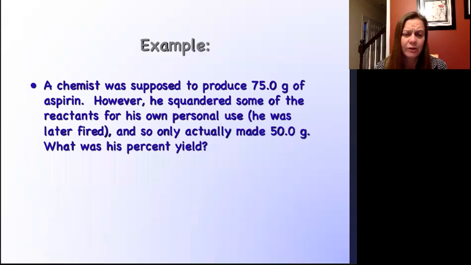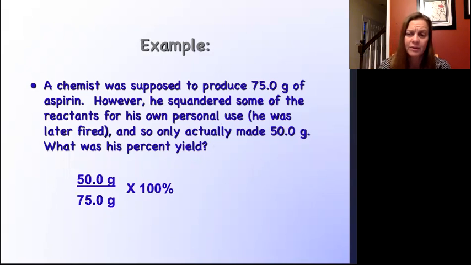So here's our first example. Our chemist has enough materials to produce 75 grams of aspirin. However, he squandered some of the reactants and he actually only made 50 grams. So what was his percent yield? So we're going to have 50 grams, that's the actual, divided by 75 grams, that's the theoretical, times 100%.